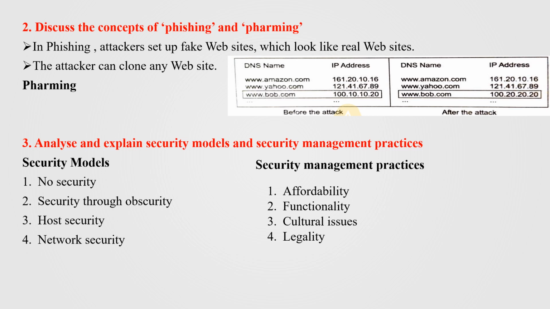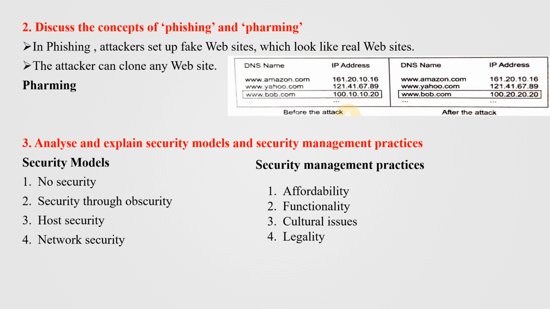And security management practices is nothing but how you are going to manage the security that is being provided. So: affordability, functionality, cultural issue, legality. We see that the security practices that we are following are affordable. For example, with antivirus software installed on a computer, obviously we see whether it is affordable.